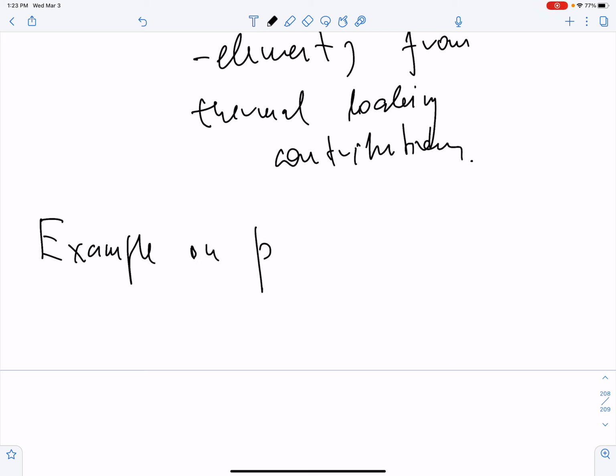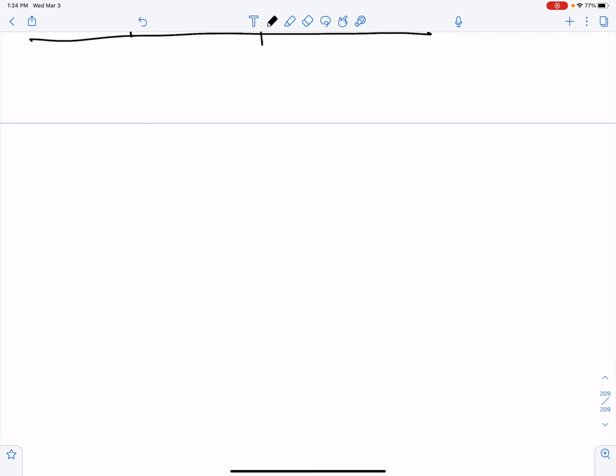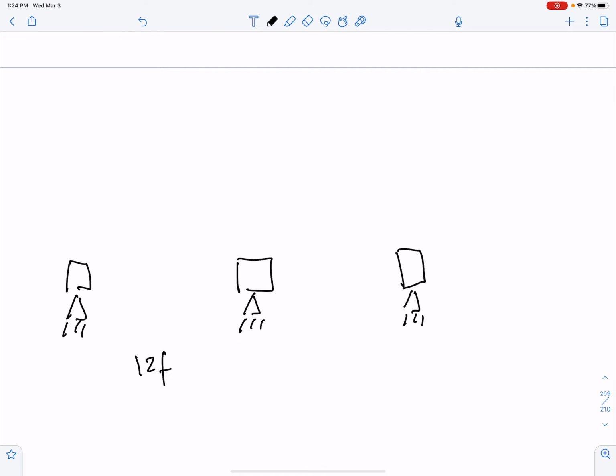on page 316 of the reader. And again, we have a fairly simple structure. We have 3 supports like this. The distance between the supports is 12 feet this way.